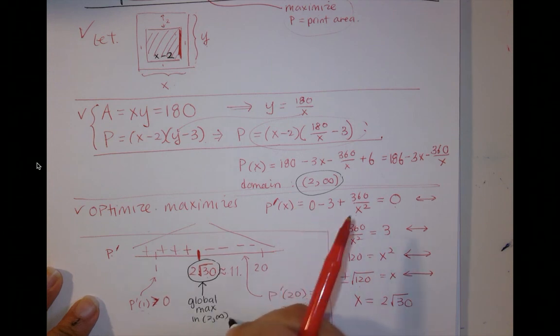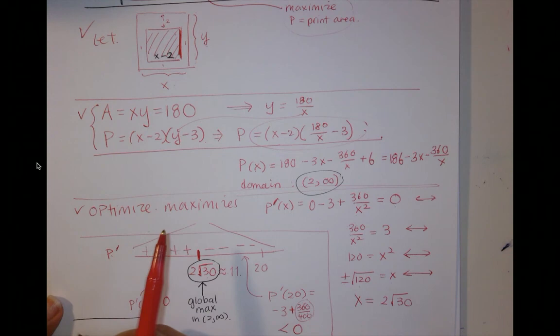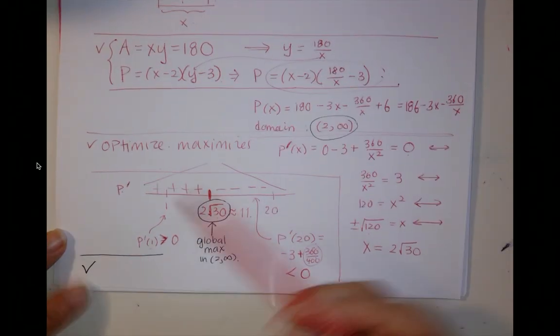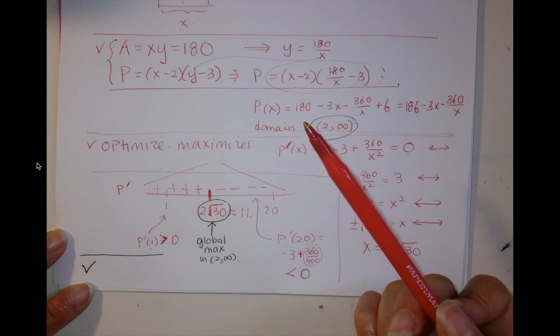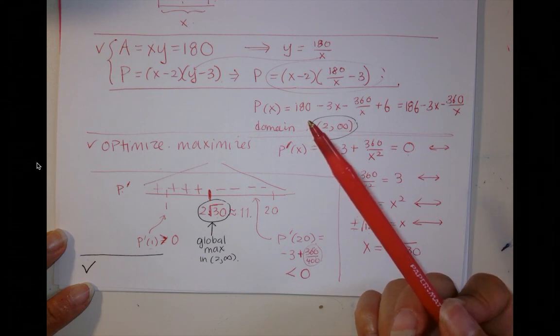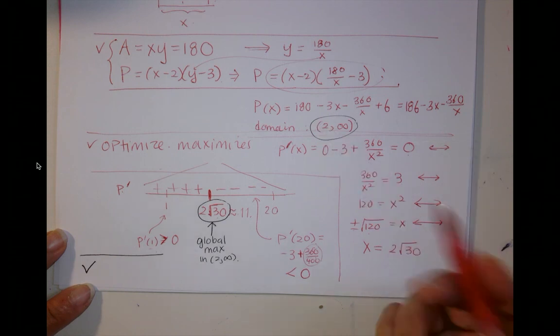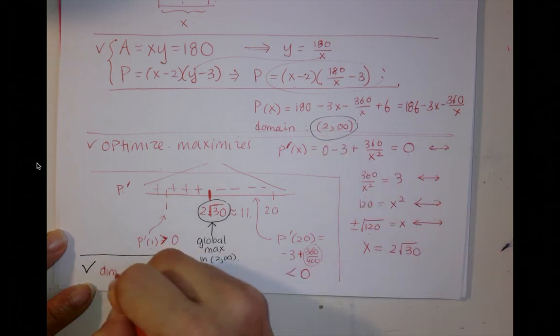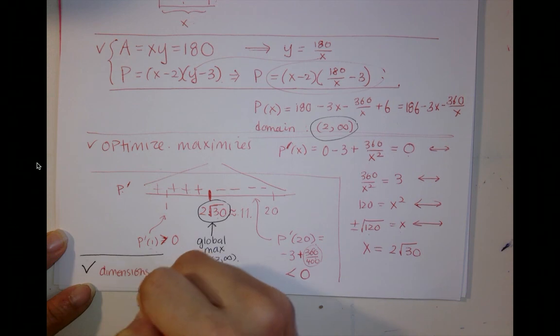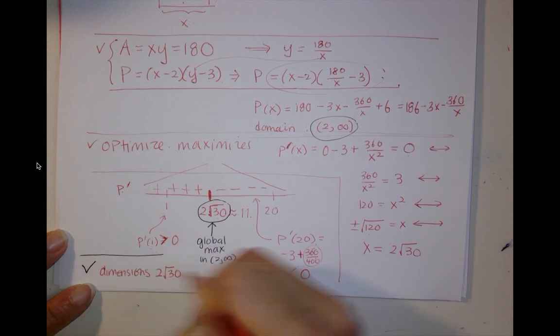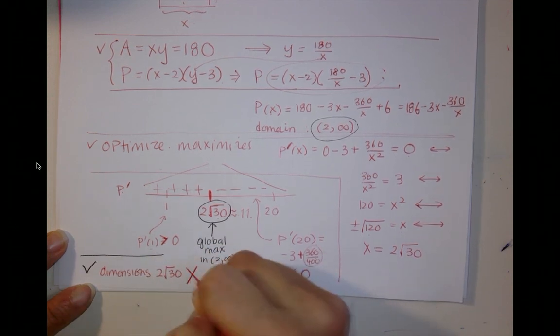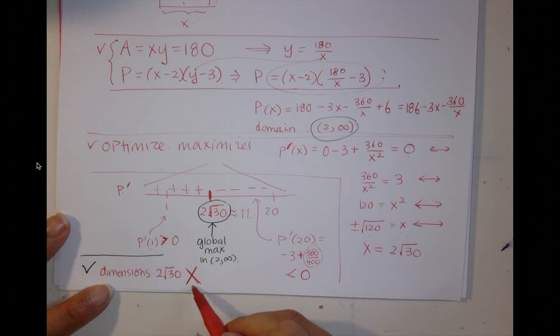Okay, so as the final concluding answer, what was the question asking? It says, what dimensions will give the largest print area? So the dimensions will be 2 times root 30 by, and now we have to find out what y would have been.